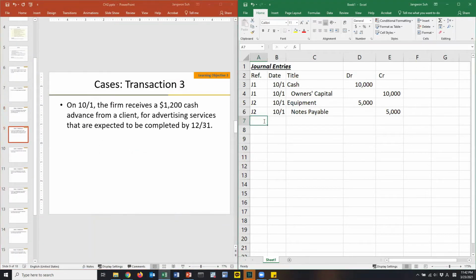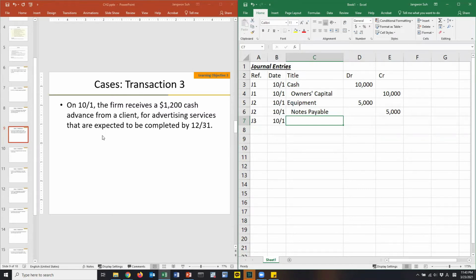Transaction number 3, journal entry number 3, the same date. The firm receives a 1,200 cash advance from a client for advertising services that are expected to be completed by December 31st. What kind of business is this firm operating? It appears that it is an advertising company.